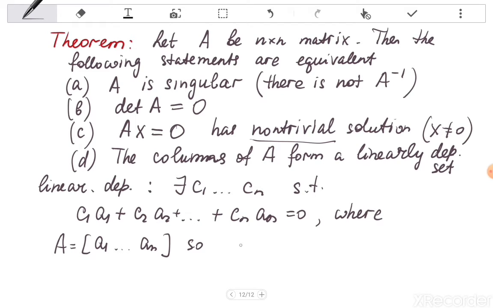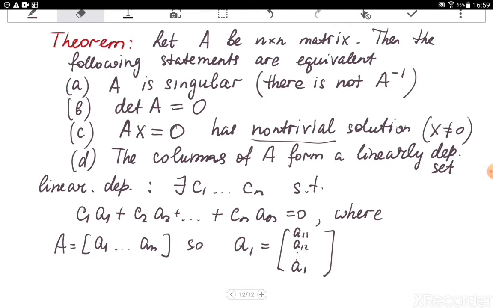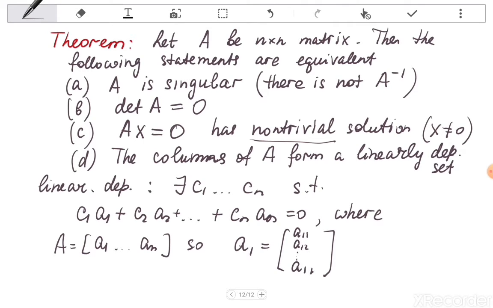So let's say A1, this is a column, A11, A12, and so on, A1n. Sorry, we're talking about an n times n matrix. And so on.